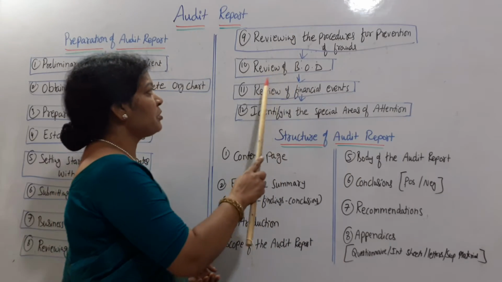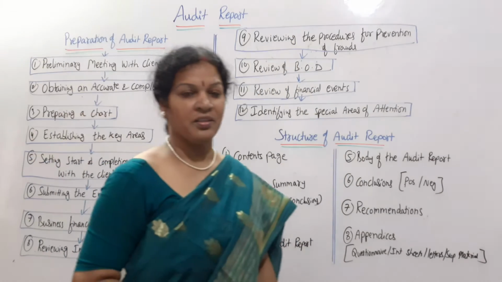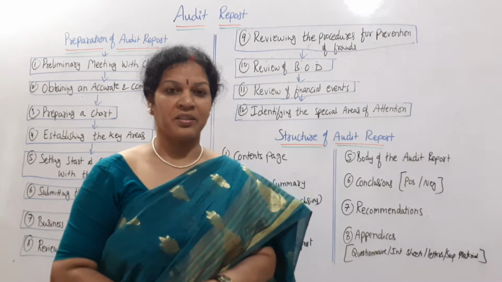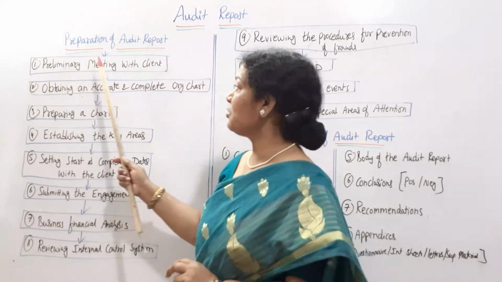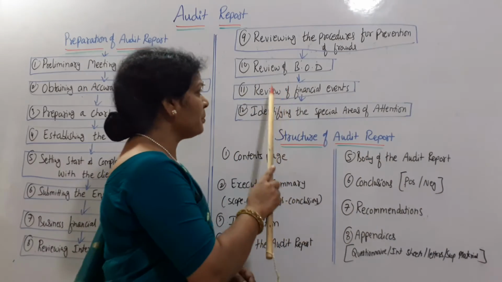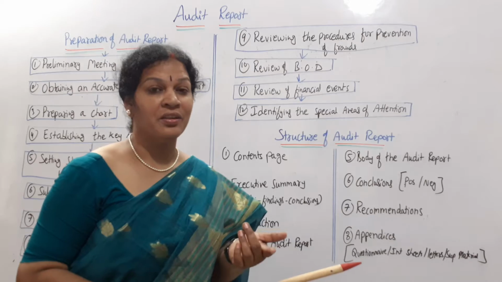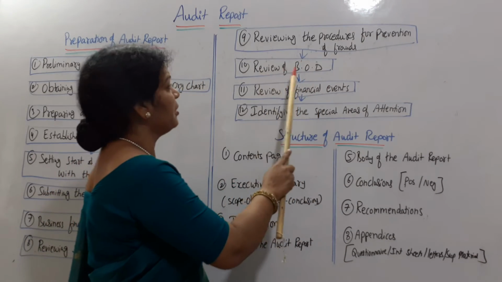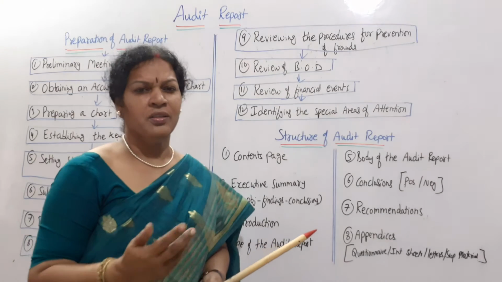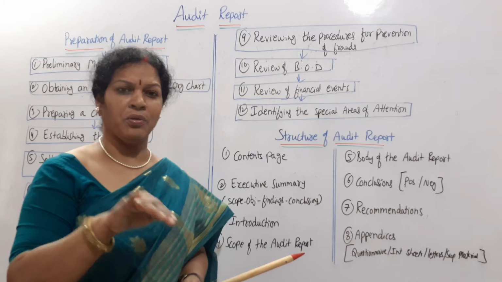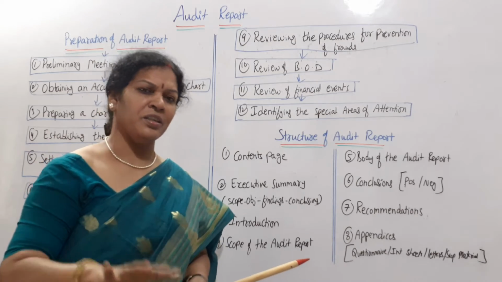Next step is the review with the board of directors. After everything, he has to talk to the board of directors. In the initial stage he had a preliminary meeting with the client, and the last but one is the review with the board of directors, to discuss the auditing work, what he has done and what he faced, anything related to the audit work.